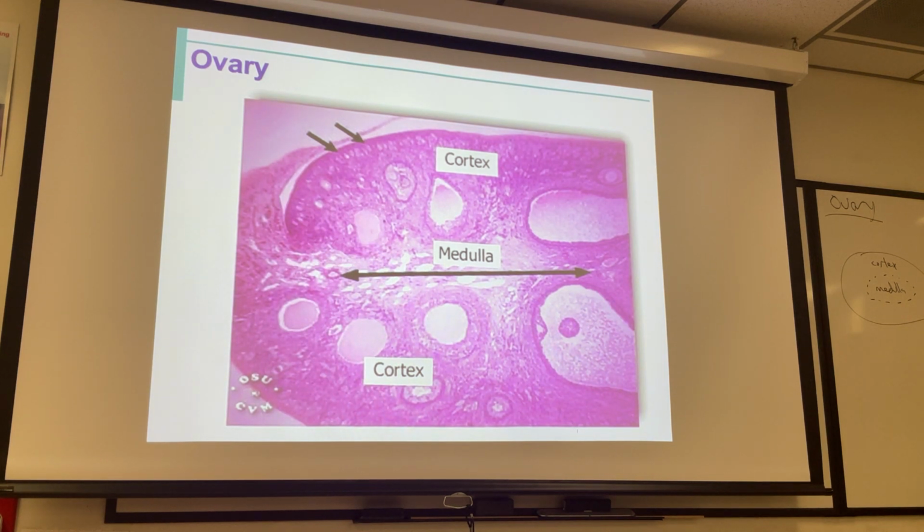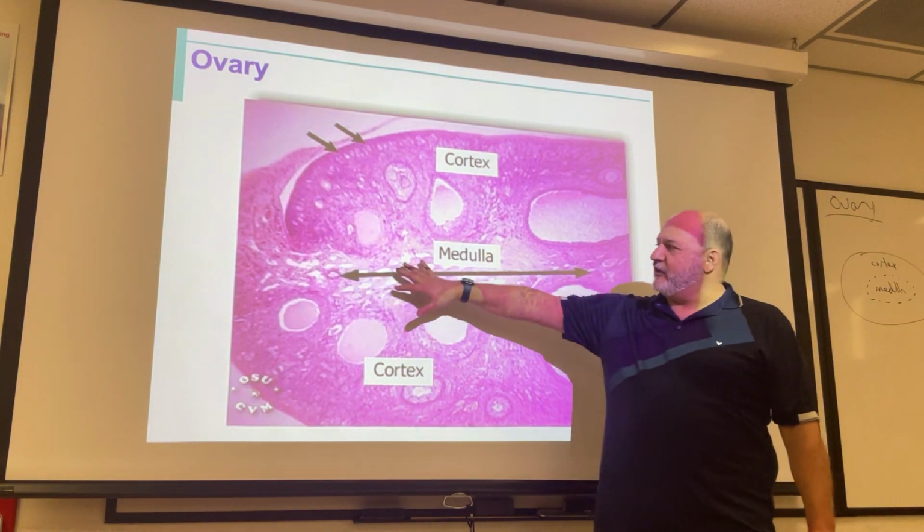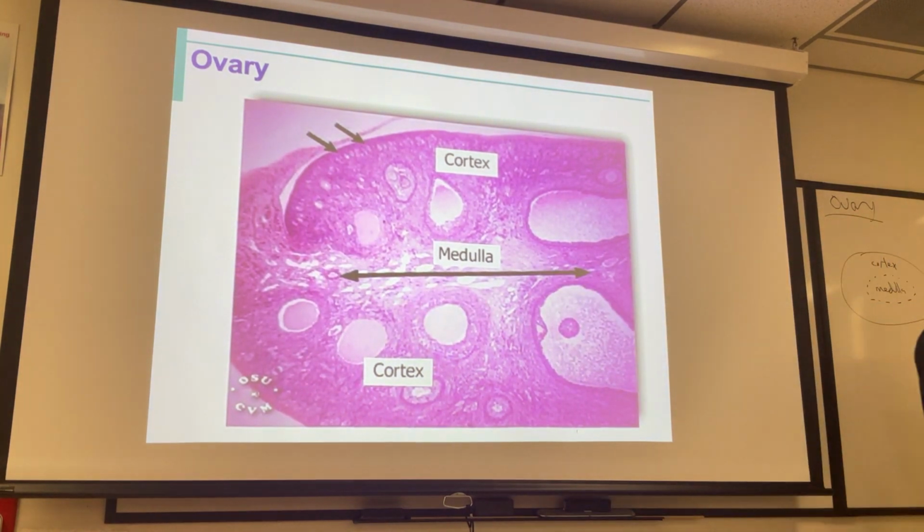Really, the major way we tell them apart is, as you can see, the medulla here is basically where there is going to be the blood vessels and the nerves, things along those lines. And the key to the cortex is out here in the cortex is where we find the follicles.